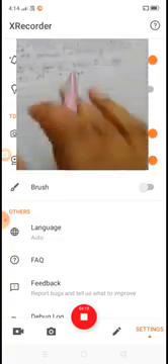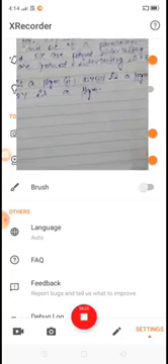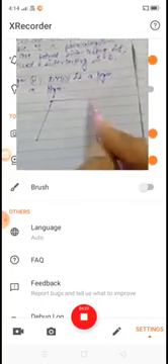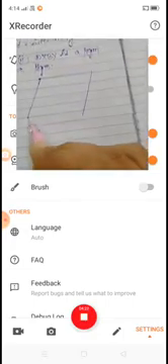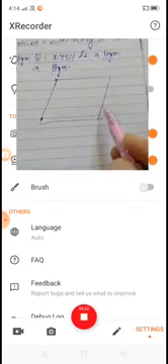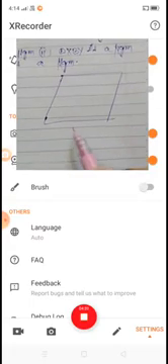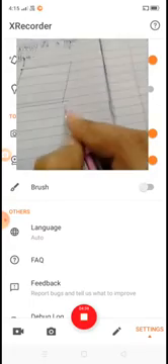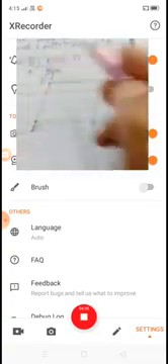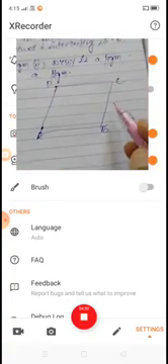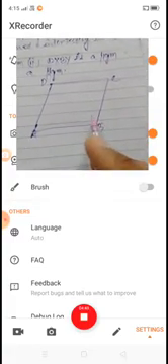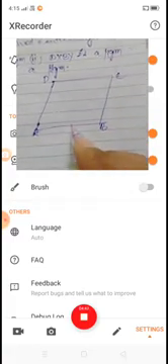Now let's solve. This is your question, and your figure is: in the given figure, X and Y are midpoints of the opposite sides AB and DC.